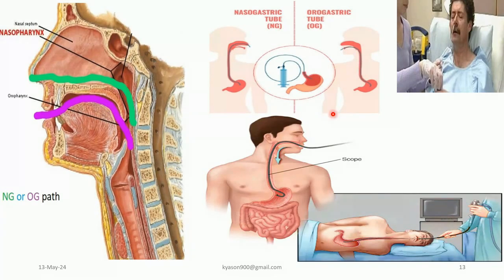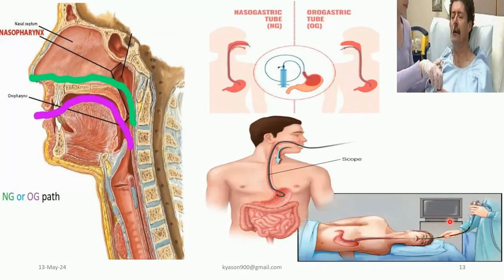These are usually used, for example, when there is need to drain excess gastric contents from the stomach, or when there is need to clean the stomach, for example, in patients who have experienced poisoning. So gastric lavage can be done to clean the stomach. Also, these can be used when the patient cannot swallow normally. These tubes can be used to feed the patient.